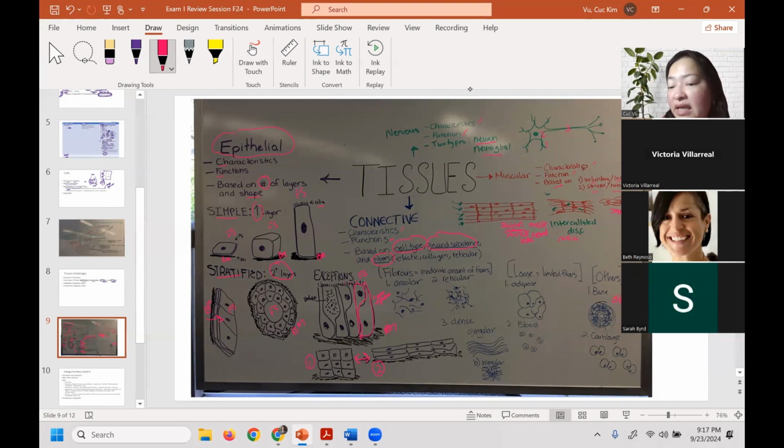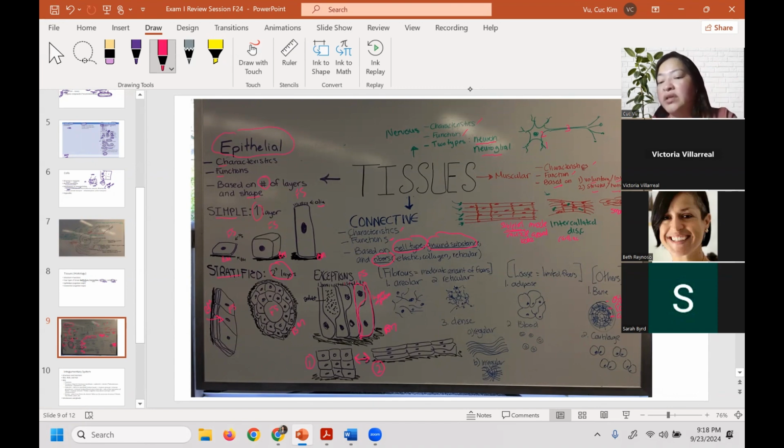Okay, so that's the type of cells it has. Ground substance, it has calcium phosphate. For fibers, it's going to have collagen. Okay, so it has those three elements. It's going to have osteocytes for its cells, calcium phosphate for its ground substance, and collagen for its fibers.